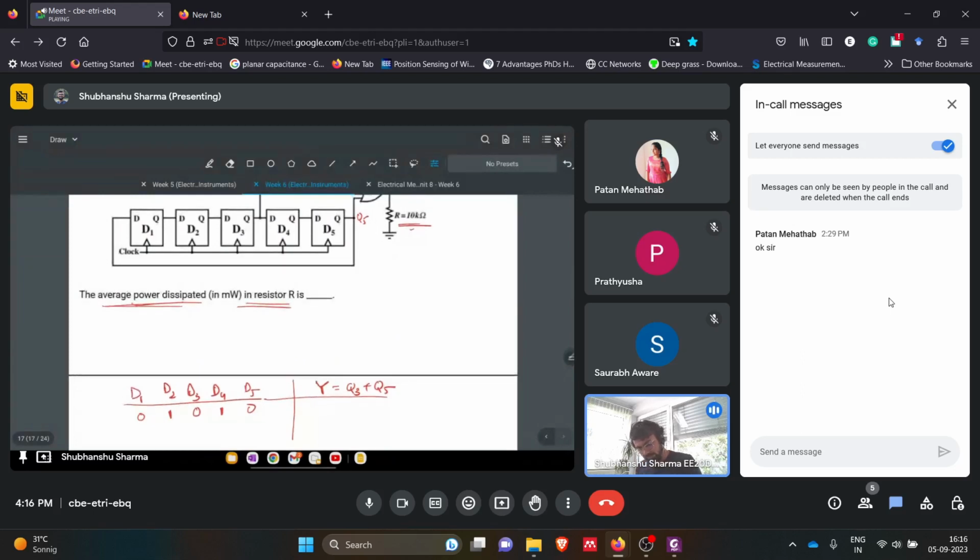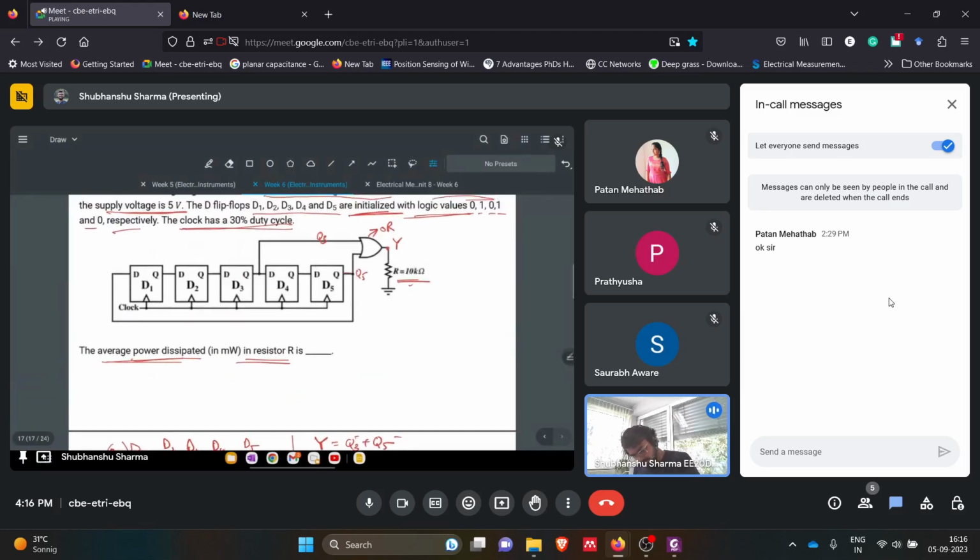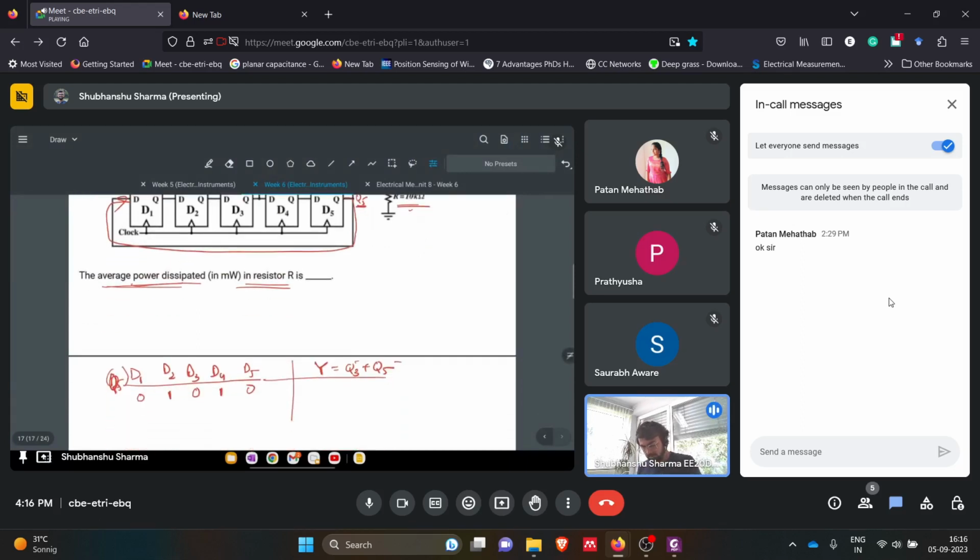Initially, this is based on Q3 and Q5, and the D1 value is based on Q5, because this Q is given as feedback to D1. So D1's next state will be Q5, D2's next state will depend on Q1, this is based on Q2, this on Q3, then this on Q4.